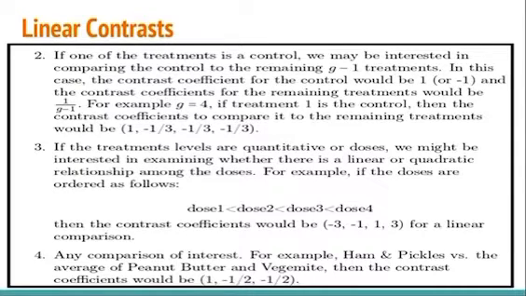And we can also have, when you're talking about planned contrast, a linear contrast and a polynomial contrast. Okay. So the polynomial contrast, if you look at number 3 here, we're actually going to use -3, -1, 1, 3.